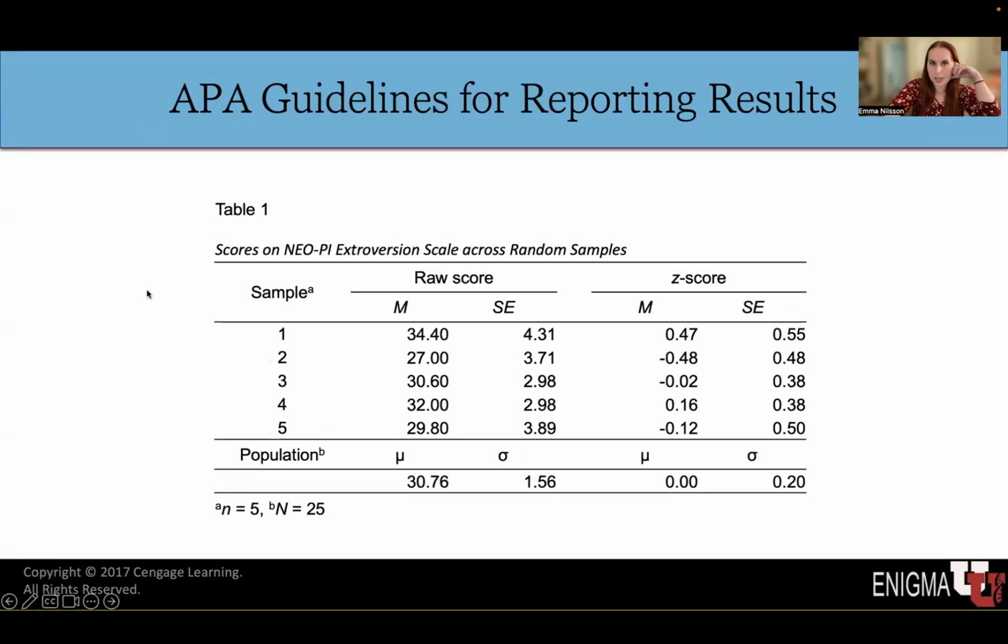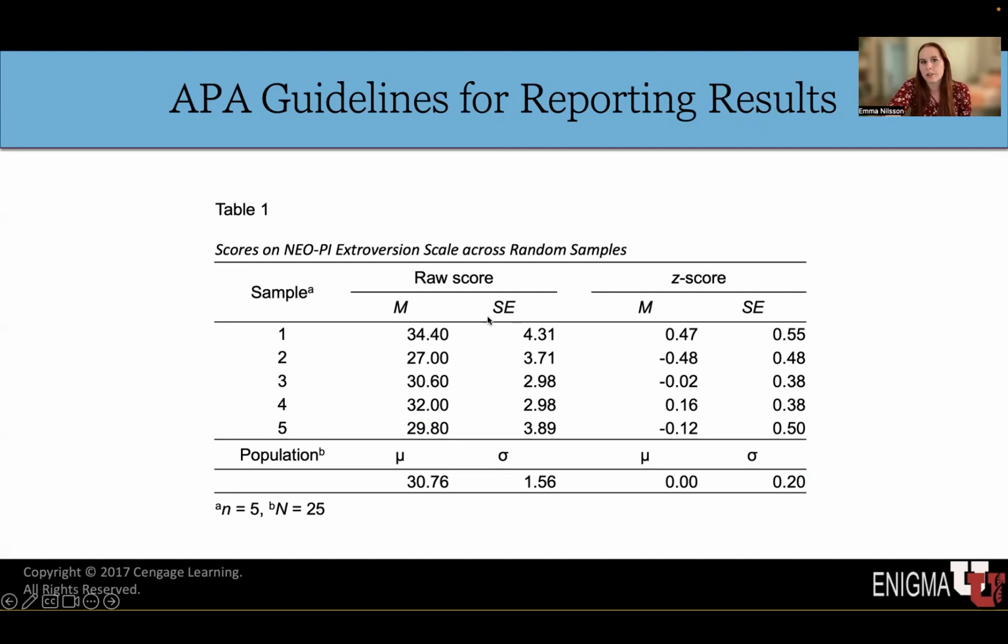Before we leave this topic, let's talk about some APA guidelines for reporting these results, and then we'll look at how these look reported in the literature. So here's how to report the sampling distribution of the mean and a standard error in a table.